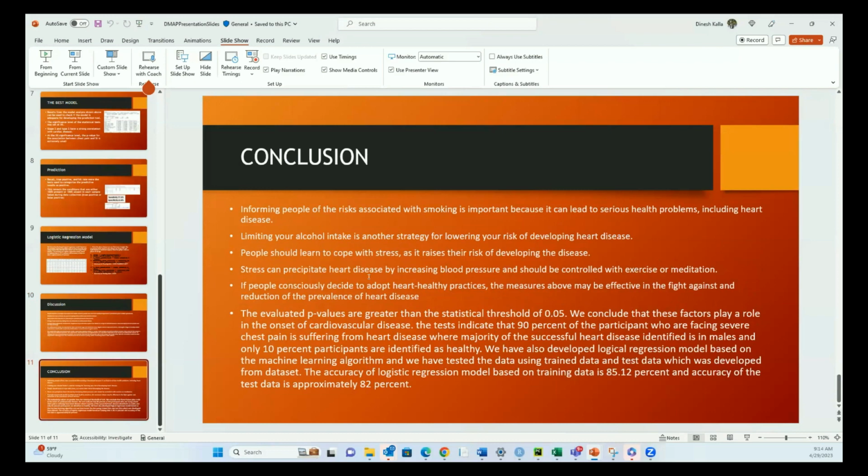In the young ages, we are not finding heart disease. And we also observed that out of every 100 members in the data set, 85% of those who have heart disease are males. Males are more prone to this kind of heart disease.